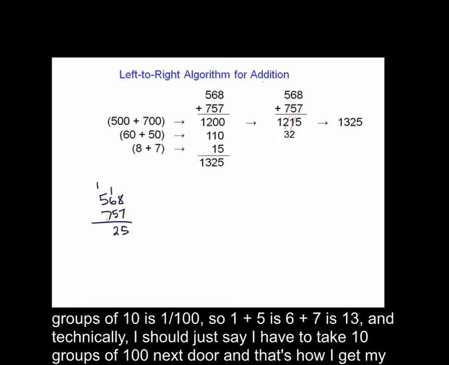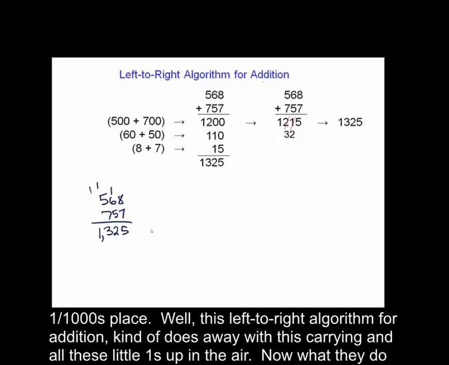So 1 plus 5 is 6, plus 7 is 13. And technically, I have to take 10 groups of 100 next door, and that's how I get my 1 in the thousands place.